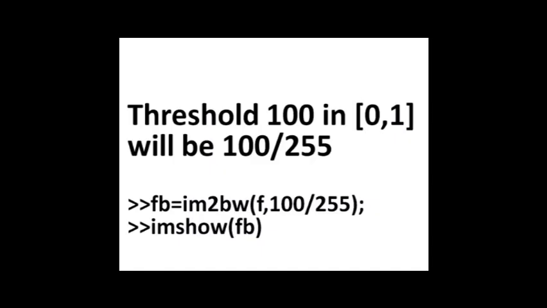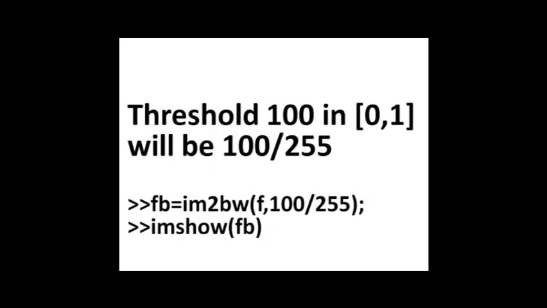So go to the MATLAB command prompt and call im2bw with two input arguments, the first of which is the image data stored in f, and the second of which is the threshold, which is 100/255. Assign the return to some workspace variable fb. In the next command line, call imshow over fb.